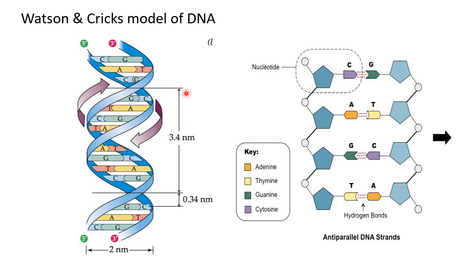Then the distance occupied by each complete spiral, that is from here to here, is 3.4 nanometer, that is 34 Armstrong unit.